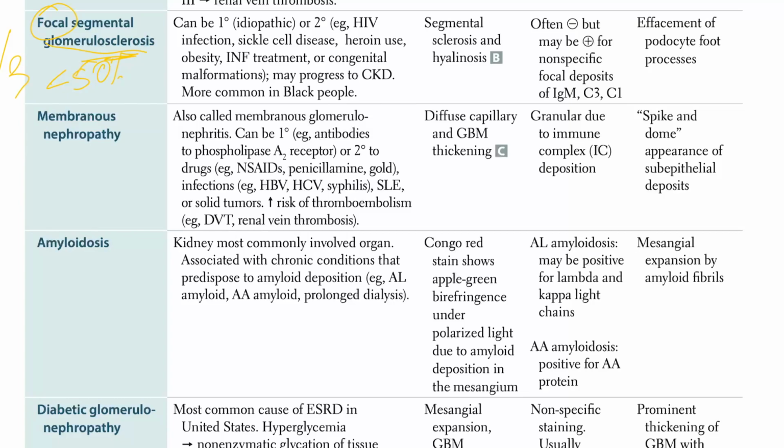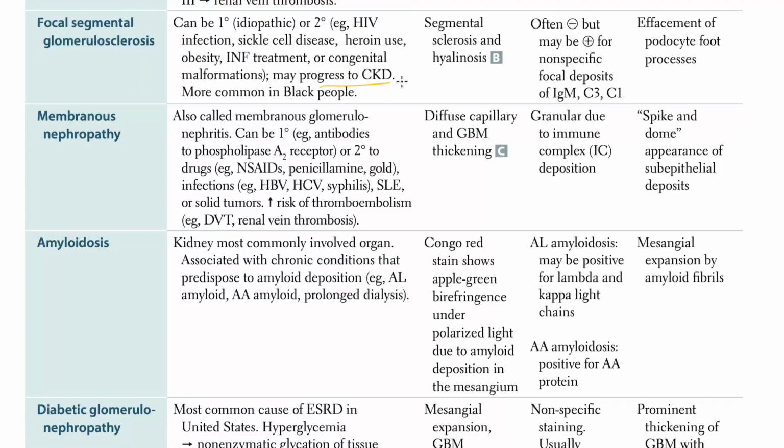So it can be idiopathic, primary, or secondary due to HIV infection, sickle cell disease, heroin use, obesity, interferon treatment, or congenital malformation. I mean, you can memorize all of this. It's really hard. So just keep in mind pathogenesis, and that's going to help you out with it.